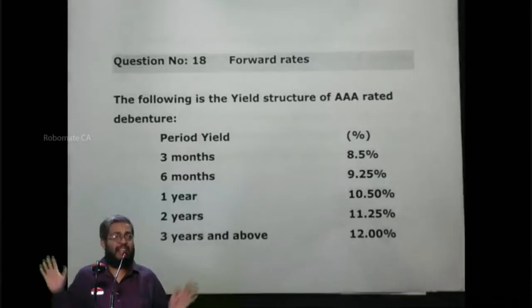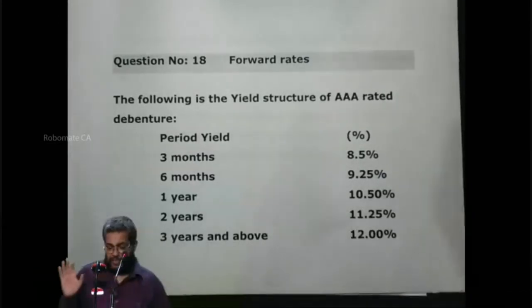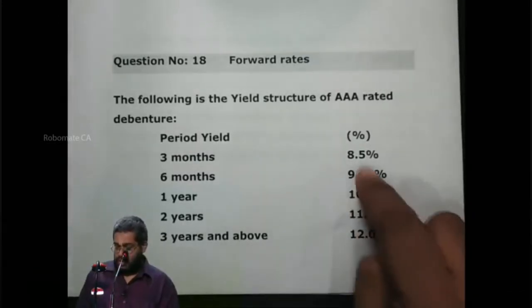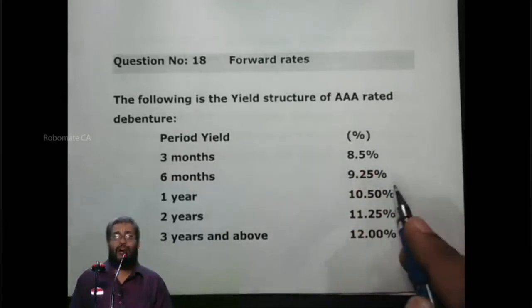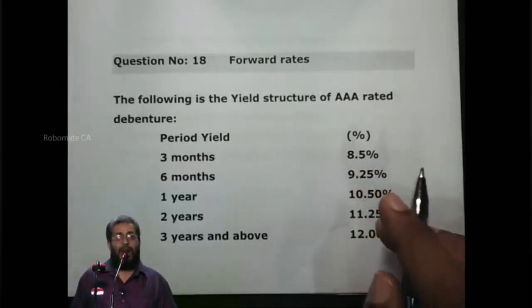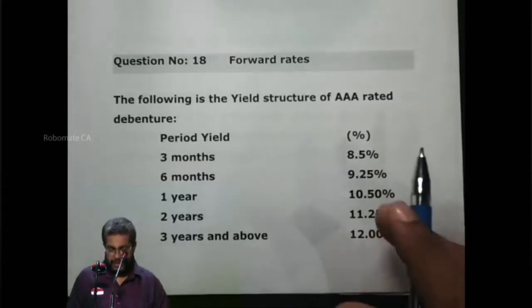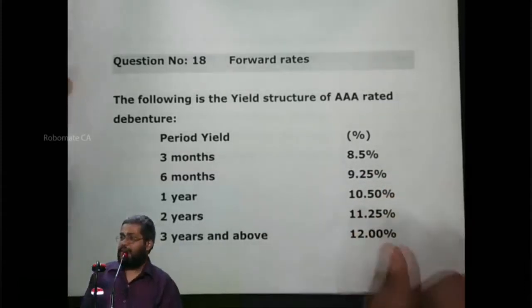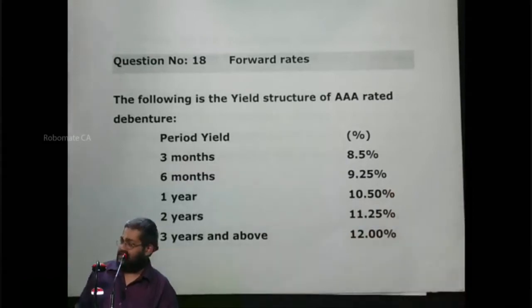This is the detail given. Now, tell me, all these percentages given are YTMs. Okay. Now, the problem is a little different from the previous sum.